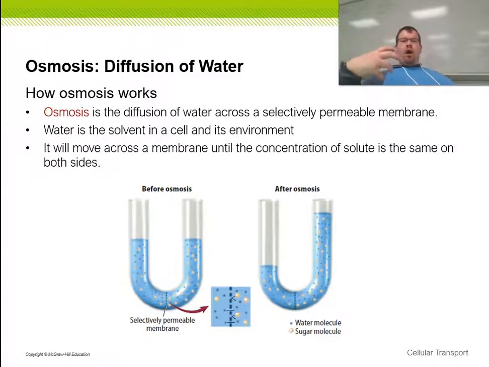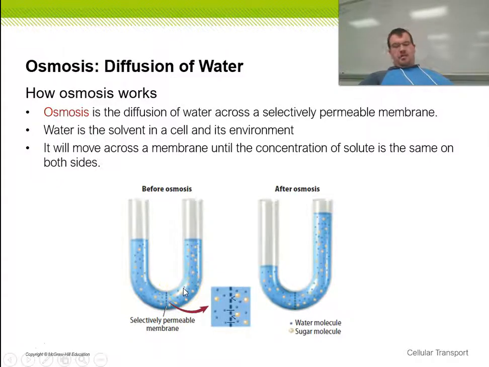Because it's a whole lot harder to move things inside or outside of the cell. It's hard to move them through because you have a lot more going on. But what we can do easily is just move water and keep the concentration the same. So it's saying like right here, before osmosis, this right side has more ions in it.